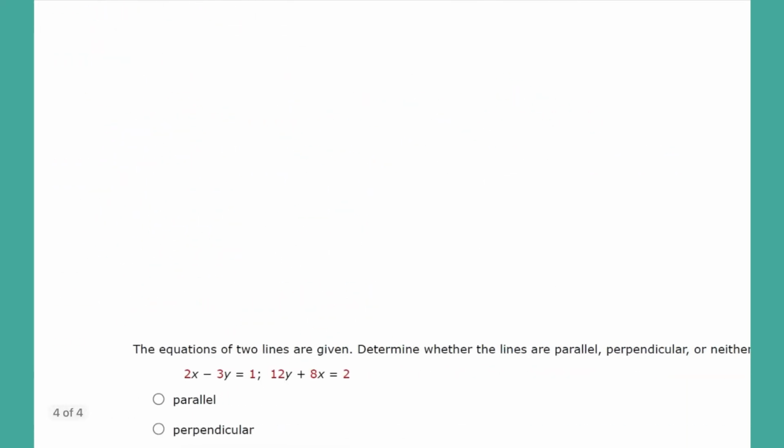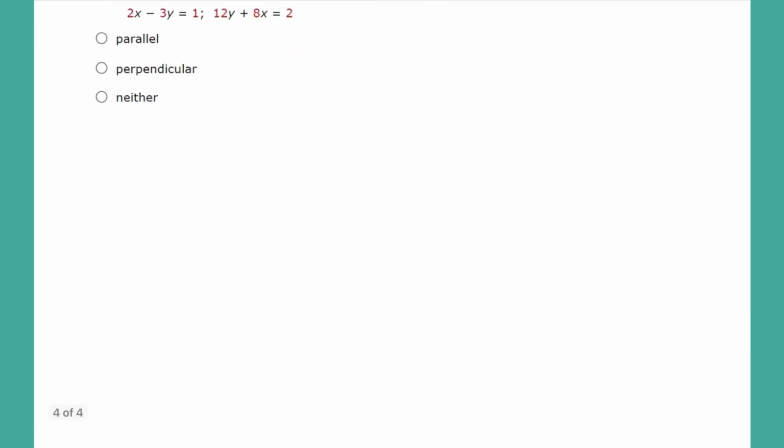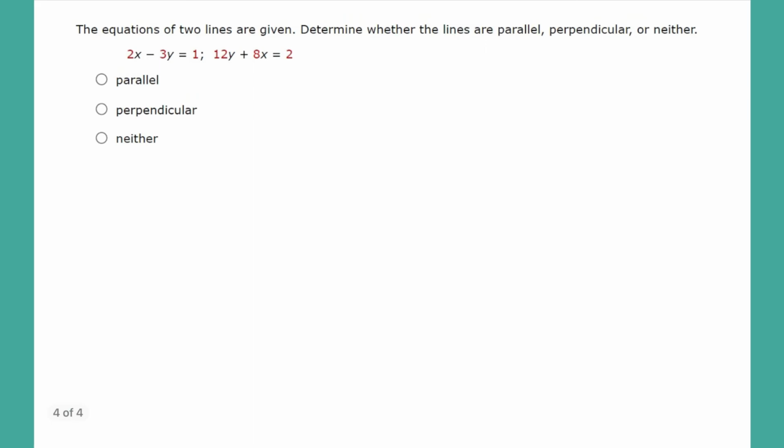Okay, let's take a look at the last page. The last problem says, the equations of two lines are given. Determine whether the lines are parallel, perpendicular, or neither. So once again, we should write these in slope-intercept form, y equals mx plus b, and then we can compare their slopes to see which of those three it will be: parallel, perpendicular, or neither.